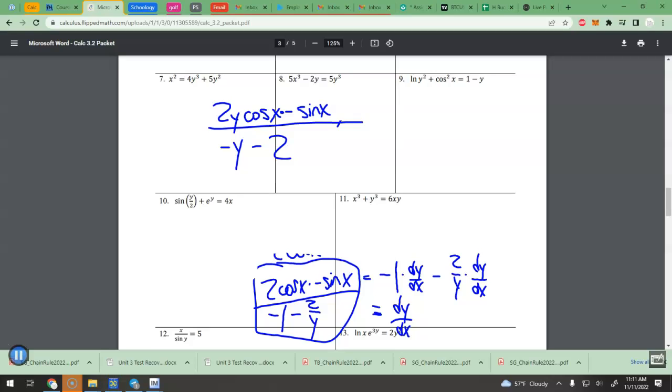If so, what did I do? Yes. Sometimes they don't want a fraction within a fraction, so that's an issue. I've got 3 terms there. So to get rid of this fraction, I multiply by y to make those cancel. Then if I multiply this term by y, I've got to multiply this term by y, and I've got to multiply this term by y. So that's how I got this.